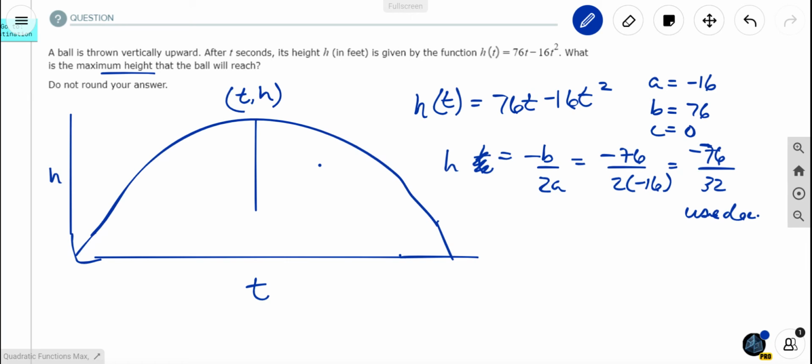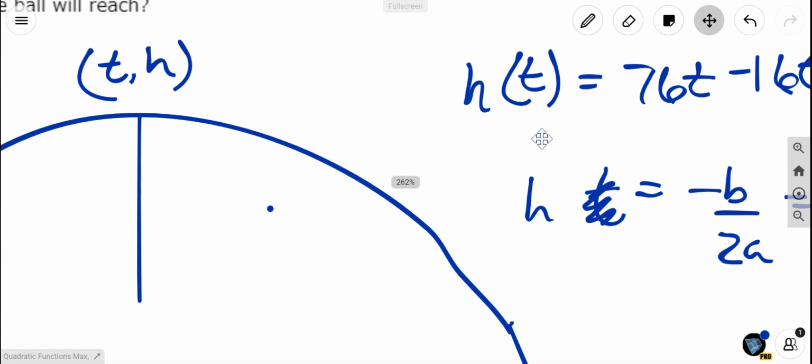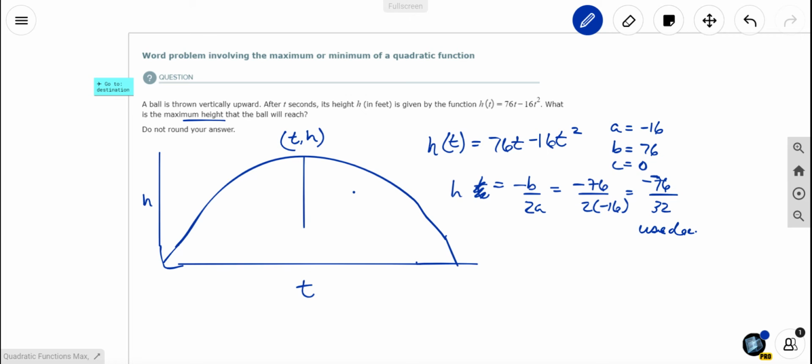What was that? Why did I put negative? It's negative 32, I was like, that doesn't make any sense. Time can't be negative. I'm so tired of this thing doing that.